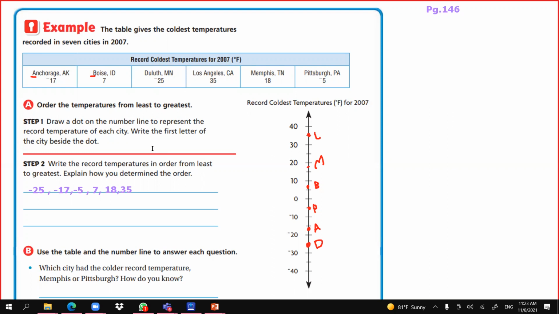I know, but how you determine the order? And how you know that negative 25 is less than negative 17? But how do you know that? Okay, how do you know? No, I mean, how do you know the orders?